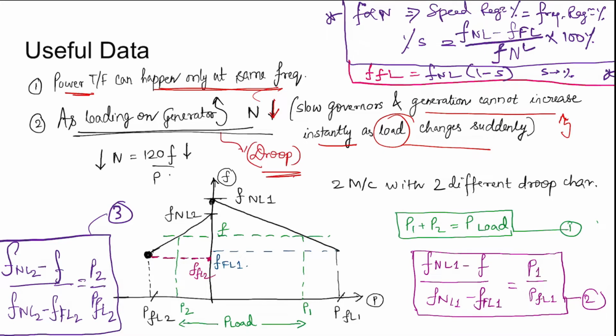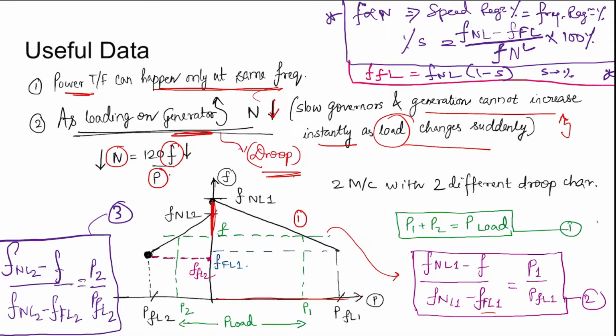Speed, which is analogous to frequency, varies with the power generated by the generator. As the loading on the generator PL is increased, frequency decreases. Two machines, two different characteristics. By the similar triangle concept for machine 1, we write no load frequency minus F, divided by no load frequency minus FL1.